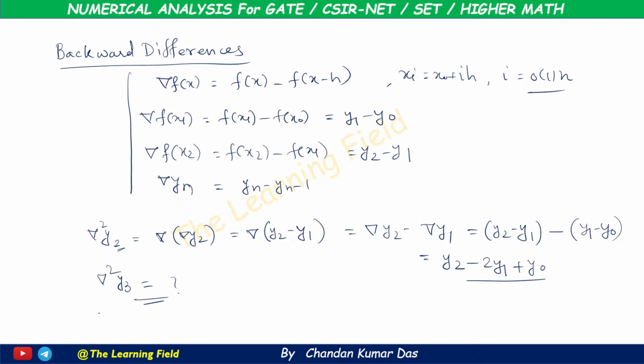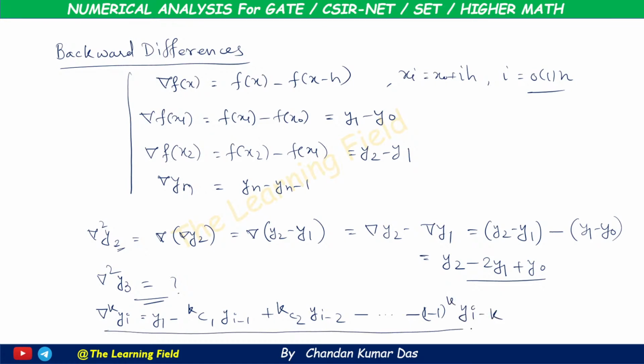In general we can write, suppose delta power k, the kth order backward finite difference of y_i, is equal to y_i minus kC1 y_(i-1) plus kC2 y_(i-2) minus ... (-1) to the power k into y_(i-k). This is the general expression of the backward differences of any point, or any node, you can say.